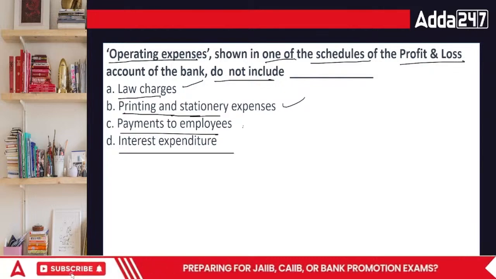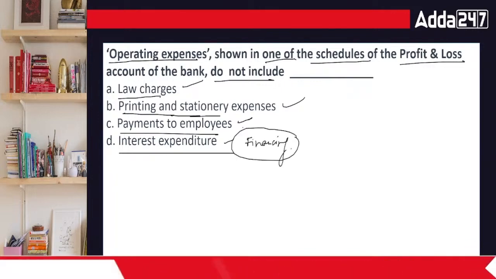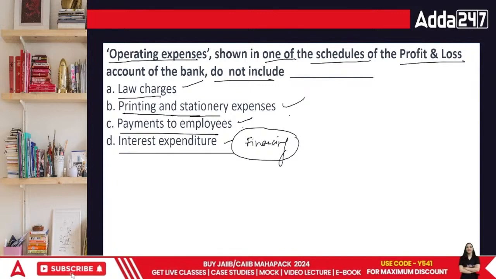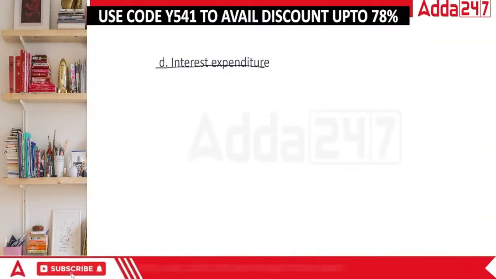This is operating, this is also operating, and this is financing. Interest, if not specified otherwise, is always a finance-based item, since we are lending money or taking money from someone. So the answer would be interest expenditure. Done, everyone?